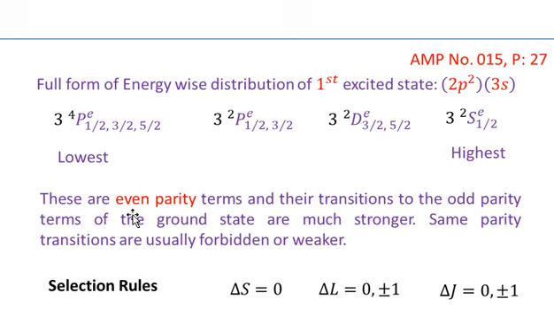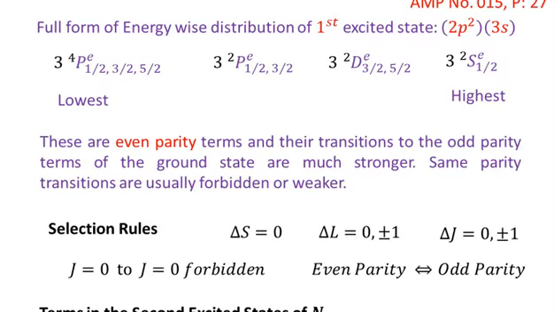So the transitions from even parity to odd parity are much stronger. Same parity transitions are usually forbidden or weaker. And the transitions from the first excited state to the ground state of the nitrogen, being opposite in parity, will be the strongest transitions.